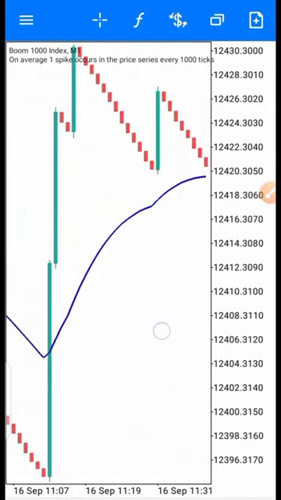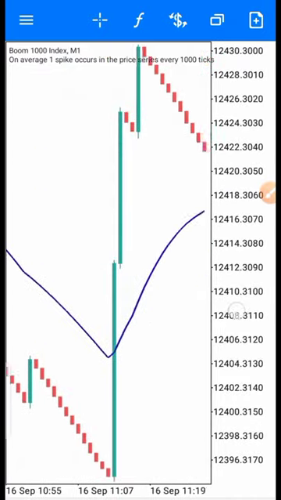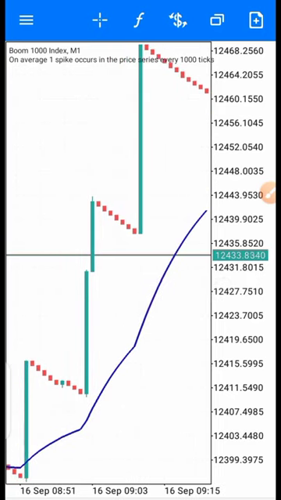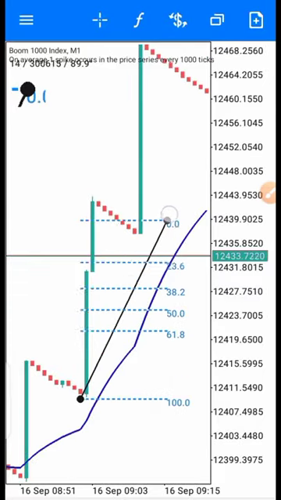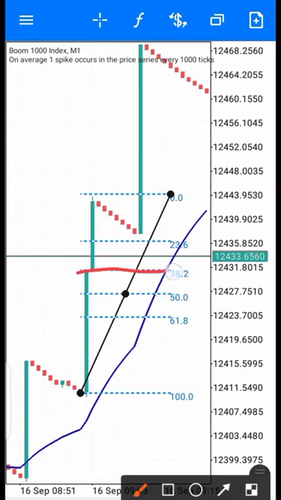Let's check another one. Like here now, I don't think it's entered the level. It doesn't get to level 38 before the spike happens, so you don't have to trade this.